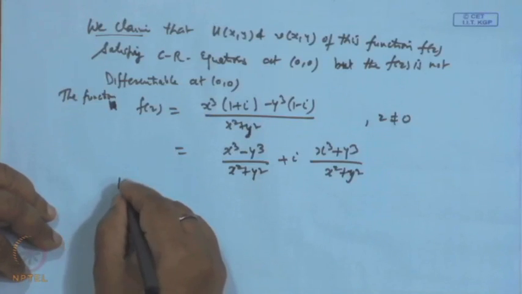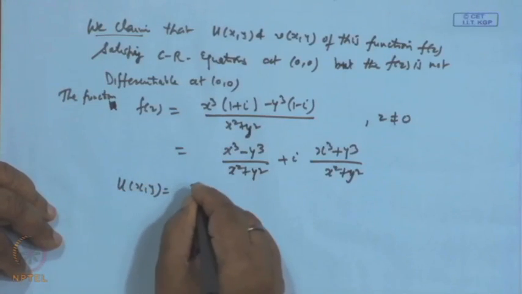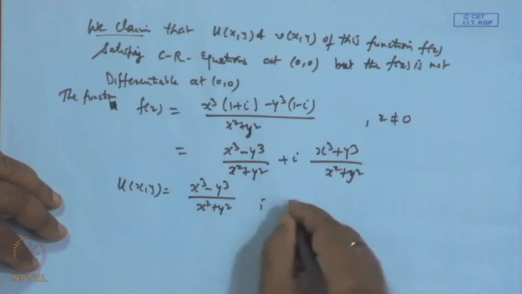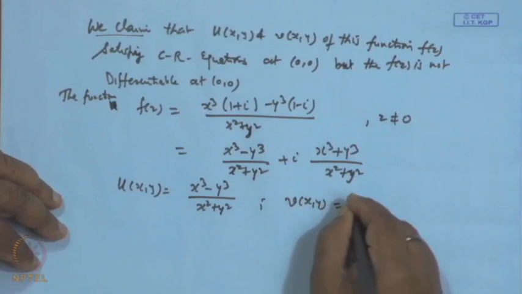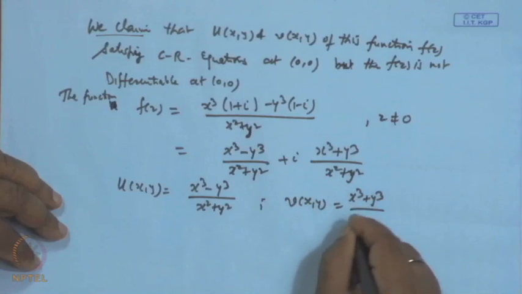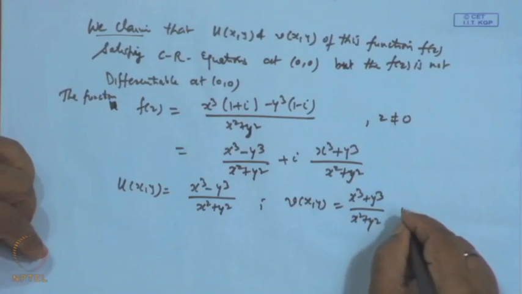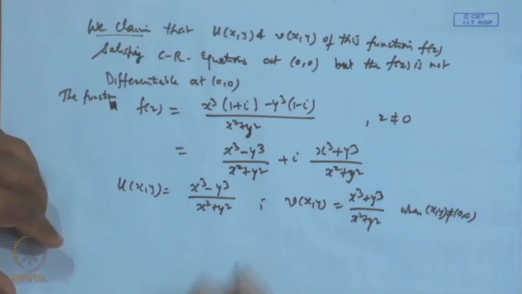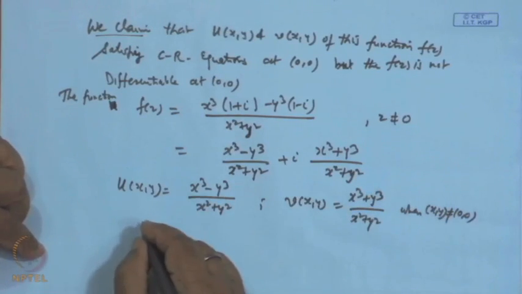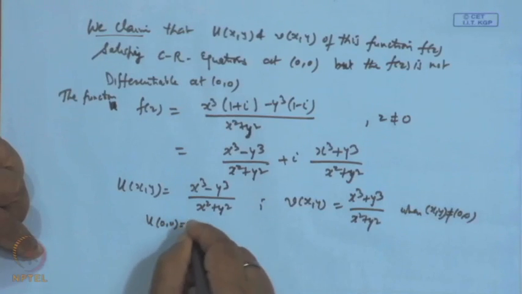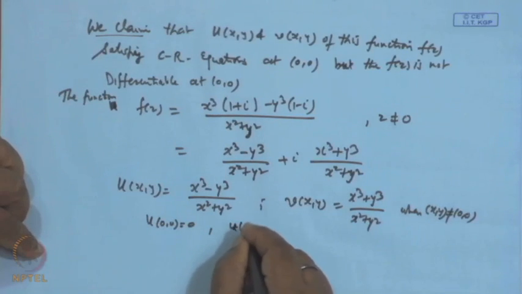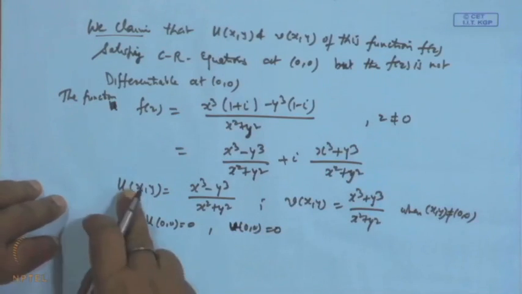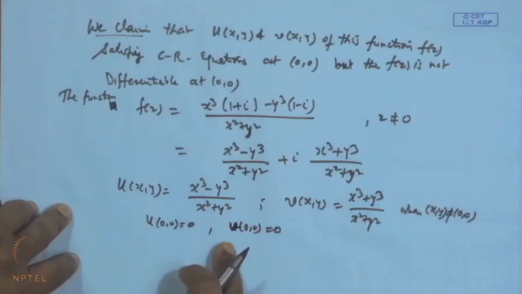So, our u x y becomes x cube minus y cube over x square plus y square, while v x y is x cube plus y cube over x square plus y square when x y is not equal to 0 0, and 0 when x y is 0 0. Now, we claim this function u and v satisfy the CR equations at 0.